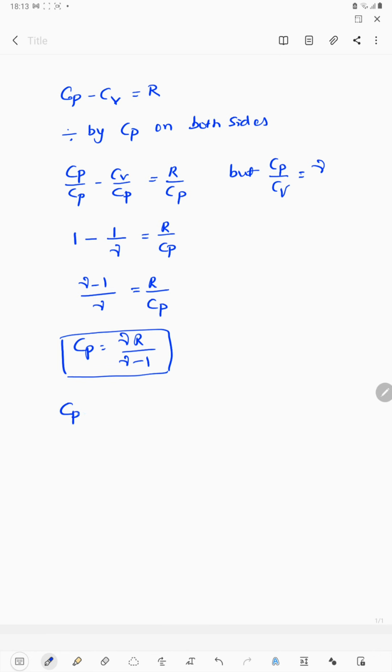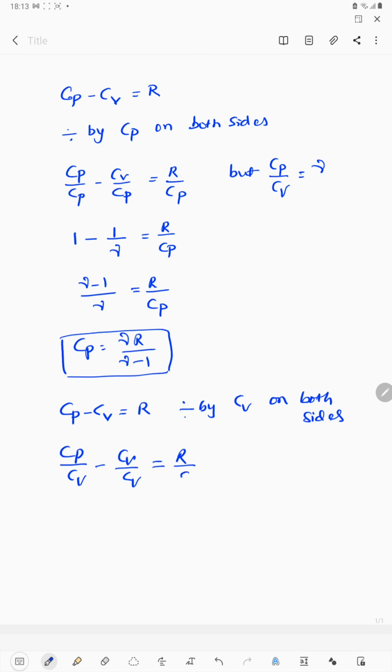Now the same Mayer's equation, students, if you divide the whole equation by Cv on both sides, let us see what we get. Cp by Cv minus Cv by Cv equals R divided by Cv. Cp by Cv is gamma, minus Cv by Cv is 1, is equal to R by Cv.